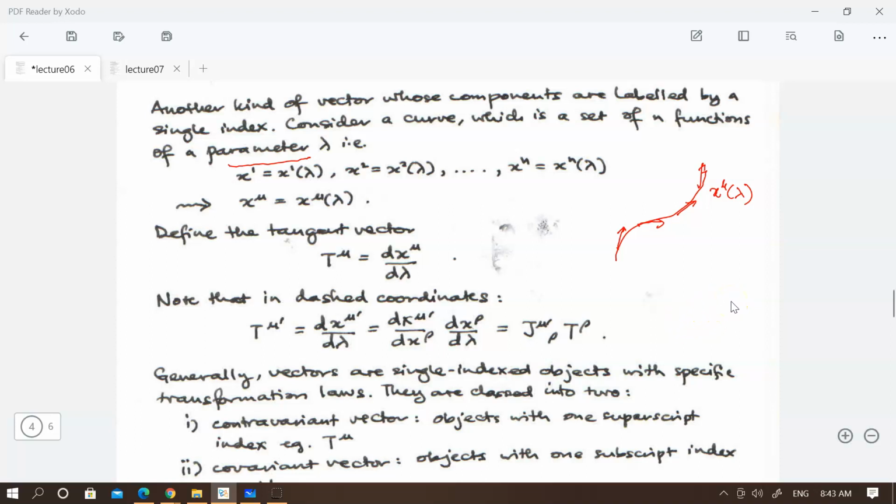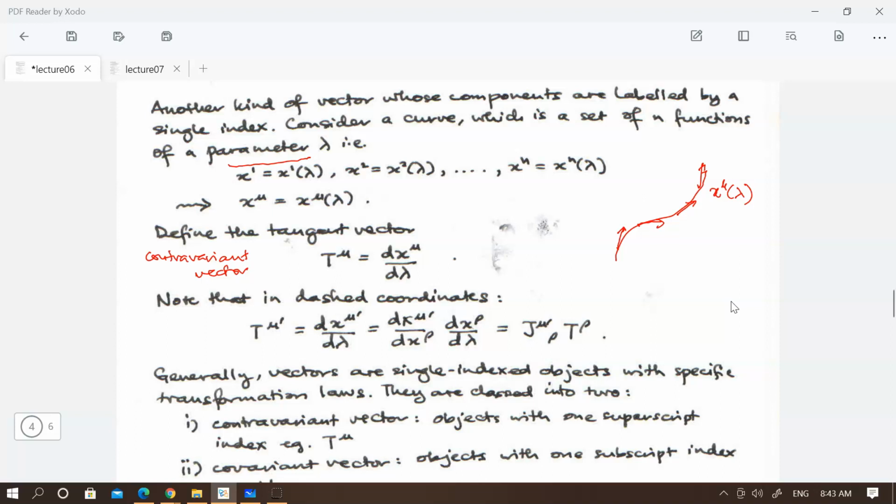The tangent vector is really what we call a contravariant vector. How do you know which is contravariant and covariant? Using the index notation, contravariant vectors are the ones with the index on top.